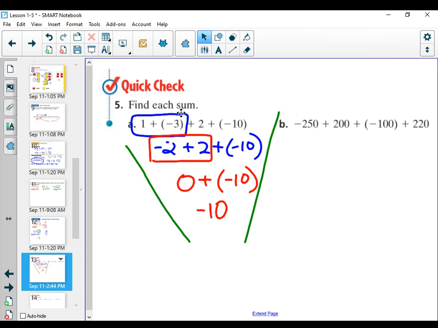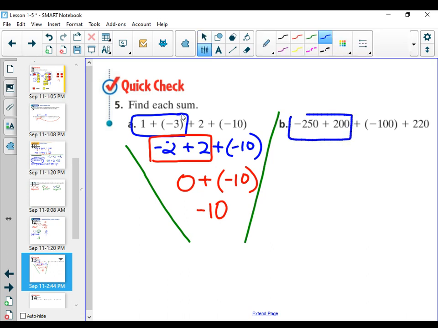Bigger numbers on this second one. Different signs, I will subtract. More negatives means my answer is negative.